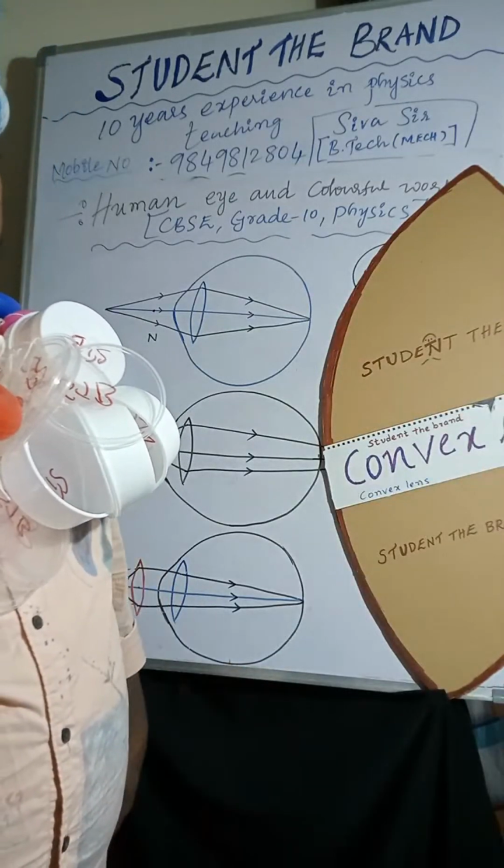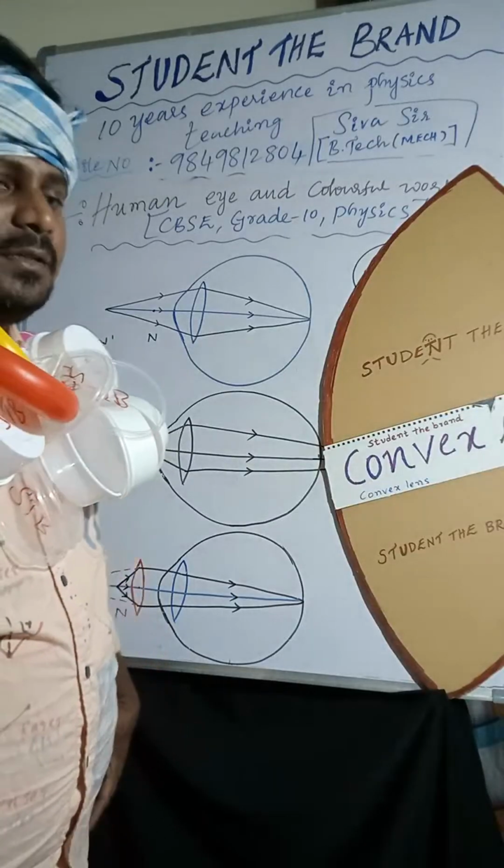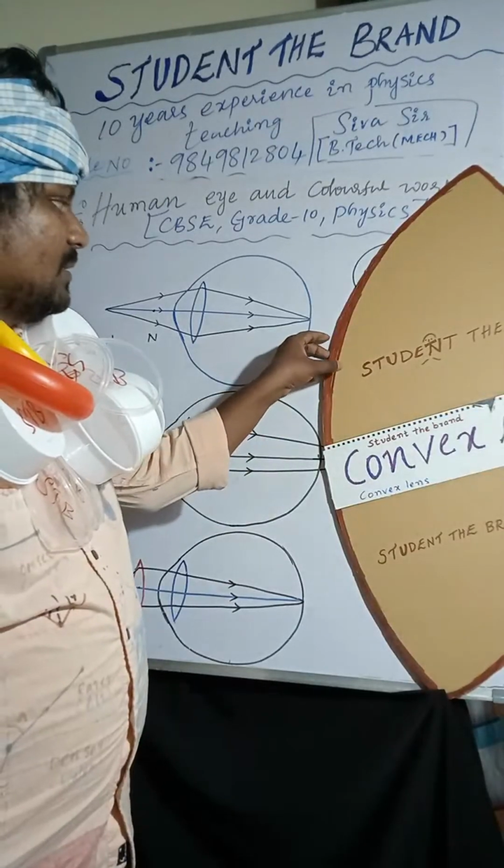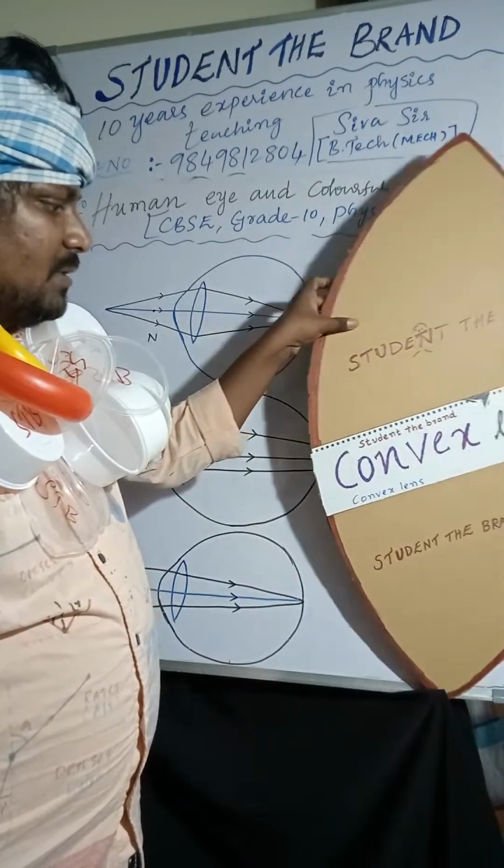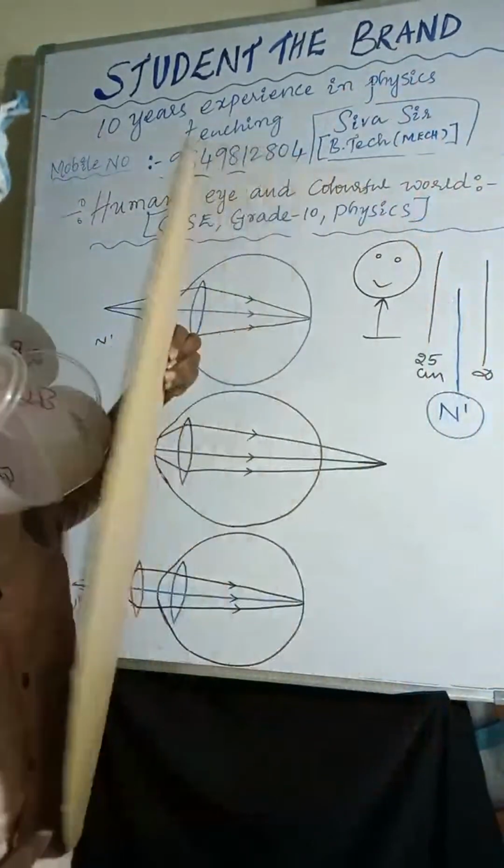Now you can observe here, this is a convex lens.